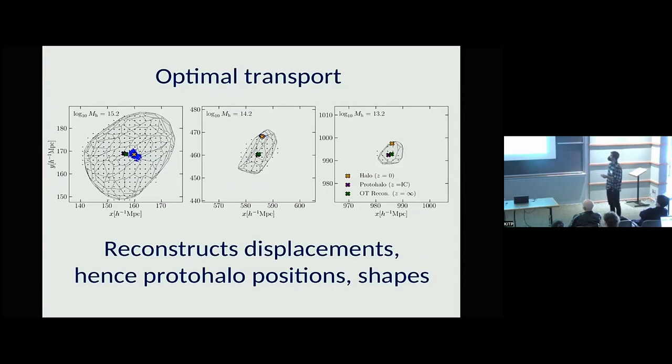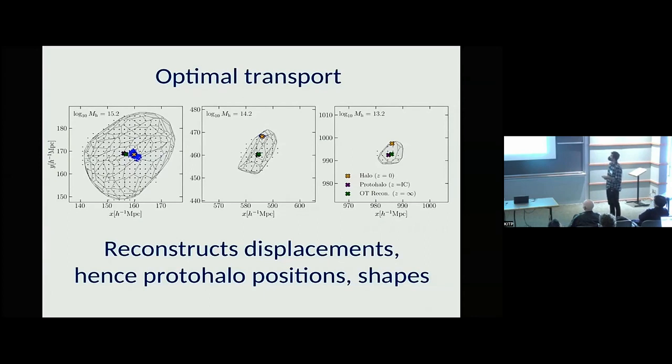The grid is those same blue dots, but where they were in the initial conditions of the simulation. And the grayscale is the Laguerre cell that you reconstruct from doing this optimal transport problem. This shows you that it gets the shapes of the protohalos right.